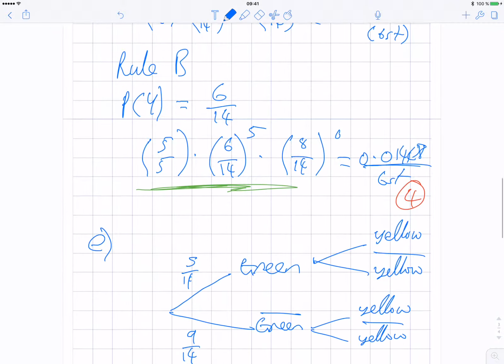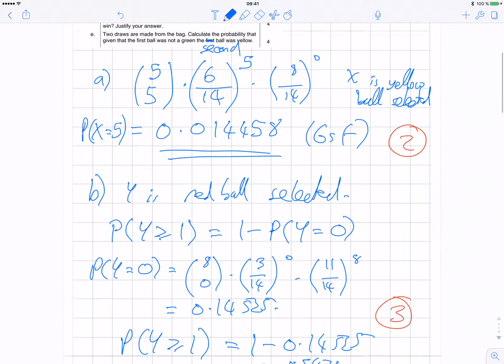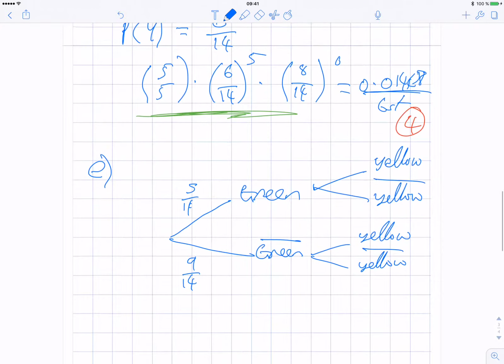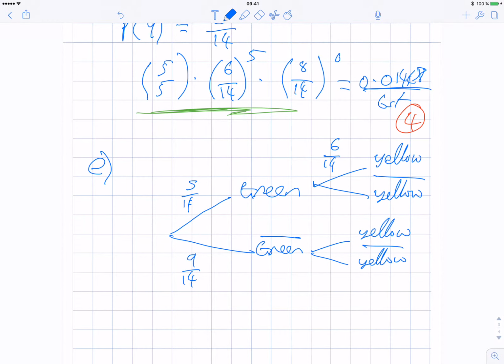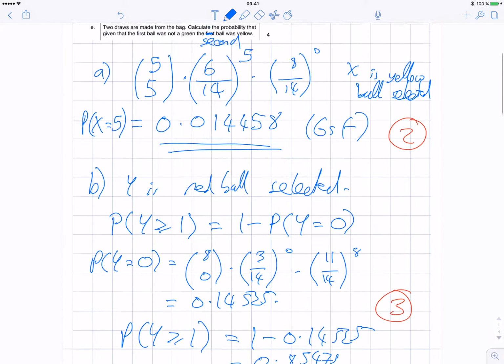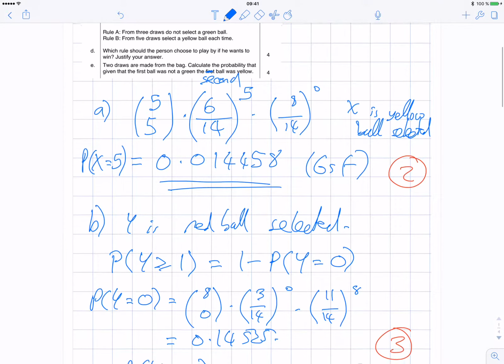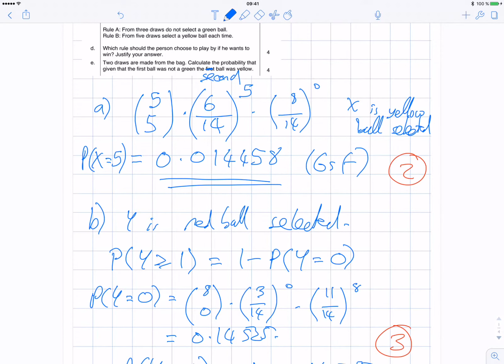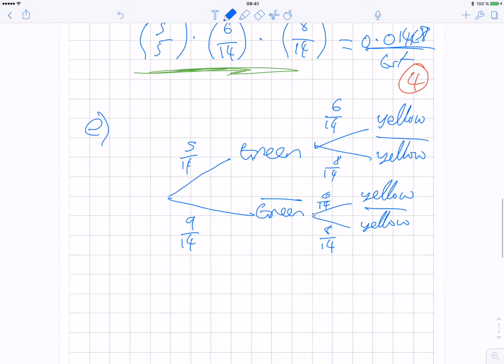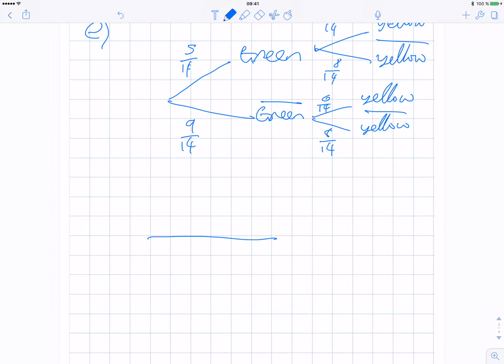The probability of a yellow was 6 over 14. I'm pretty sure I got that right. 6 over 14, yeah. So that's 8 over 14, 6 over 14, 8 over 14. And what we need is the probability that given the first ball was not a green, the second was yellow. So we have to do not a green both routes.